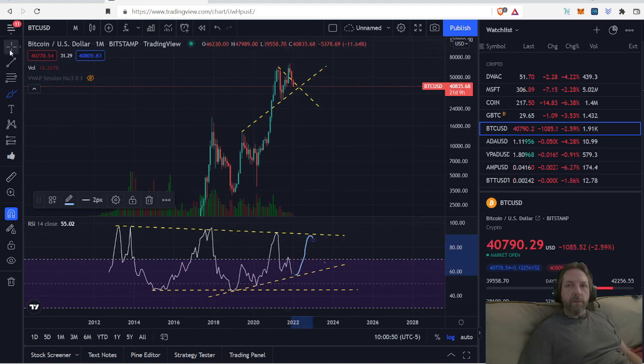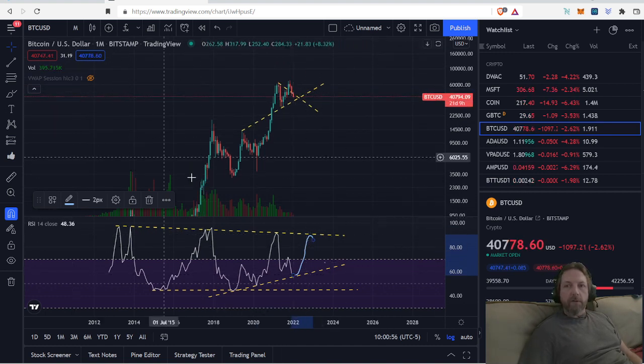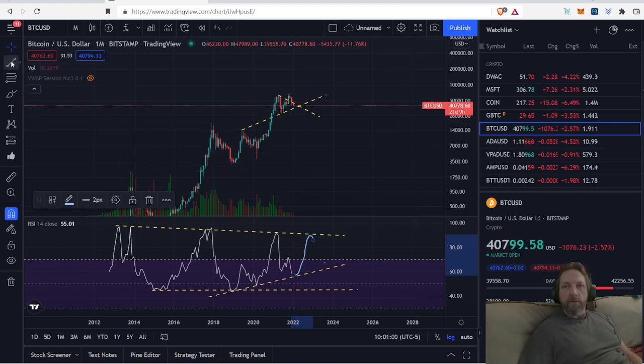I actually expected there to be one more move back to the top, with another pump up in the price. I was expecting a turnaround here and then another pump up.